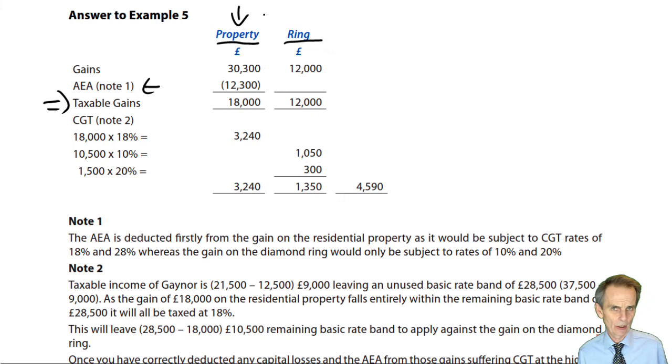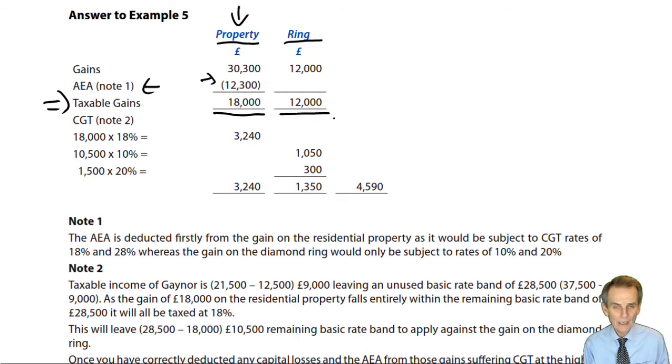Where are you going to go with it? You're going to go against the gain suffering tax at the highest rate. That is always residential property. So we apply the AEA to it, bringing down the gain on the property to a taxable gain of 18,000 and leaving the taxable gain on the ring at £12,000.